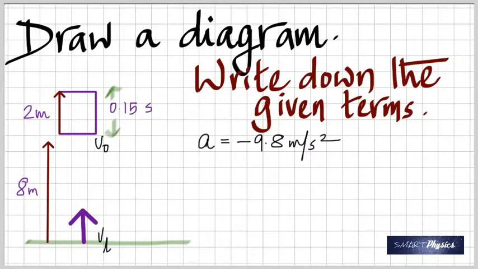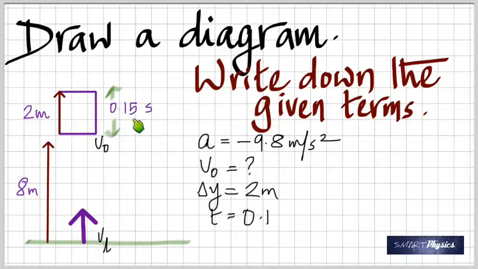And let's say that the velocity at this point is v naught and the launch velocity is vl. Okay, and therefore if you look at just the first part here, you have to find v naught here. You don't know that. The delta y is 2 meters and the time for that part is 0.15 seconds.